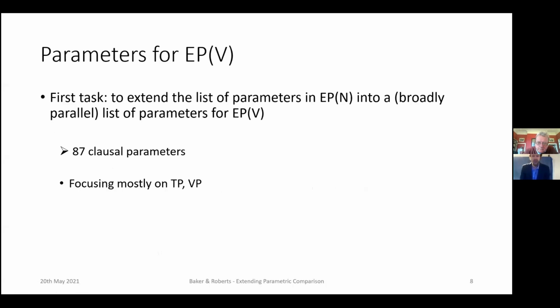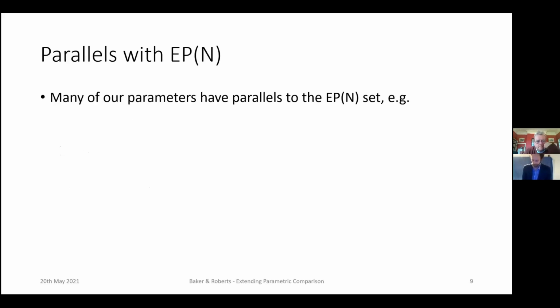So that's for the clause. So as Ian said, that gives us around, well, currently 87 clausal parameters. And we're focusing mostly here on the TP domain and the VP domain. We do have 2 or 3 parameters to do with CP, but in general, we've left that aside.